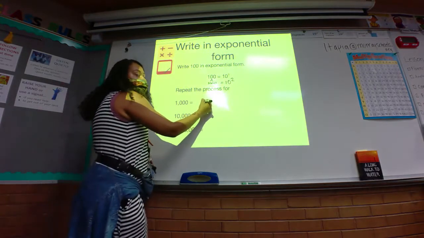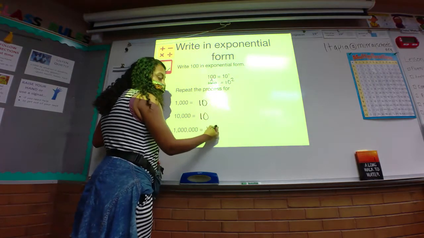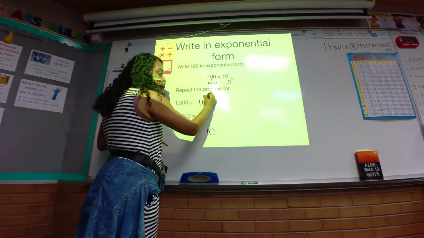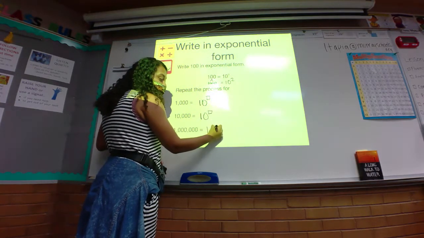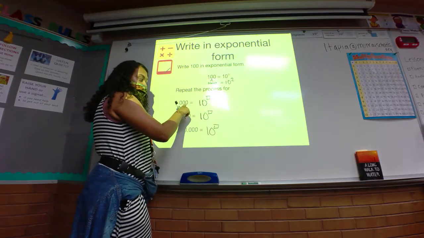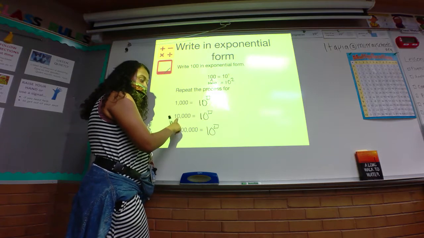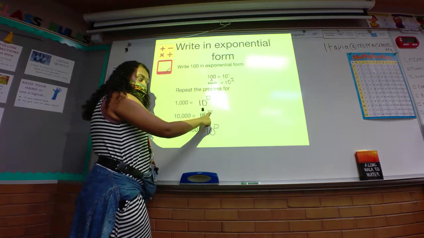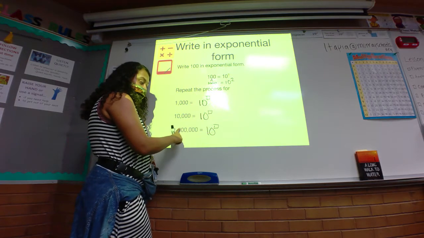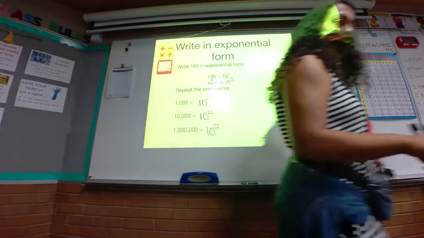Ready? Thomas, turn around. So each of these will have a base of 10. The question that you need to solve is what does the exponent need to be? Okay, how many powers of 10 in 1,000? Write it down on your whiteboard. How many powers of 10 in 10,000? Write it down on your whiteboard. How many powers of 10 in 1,000,000? Write it down on your whiteboard. I'm walking around to check.